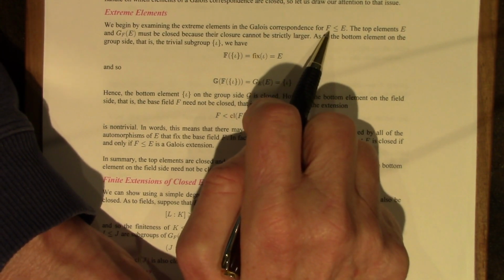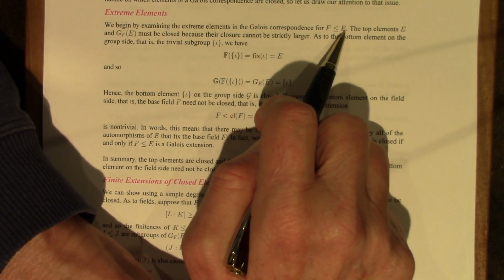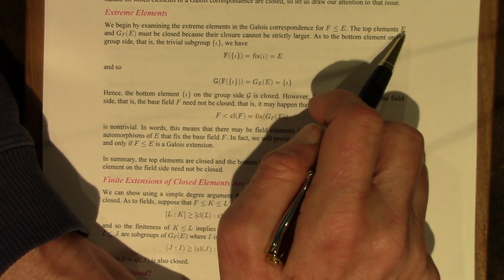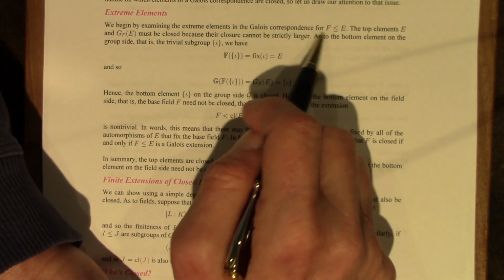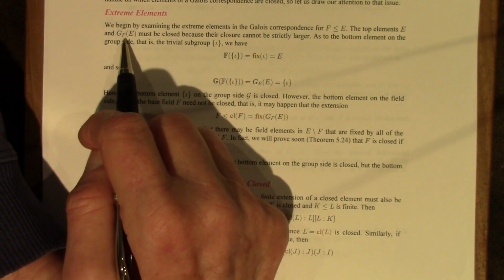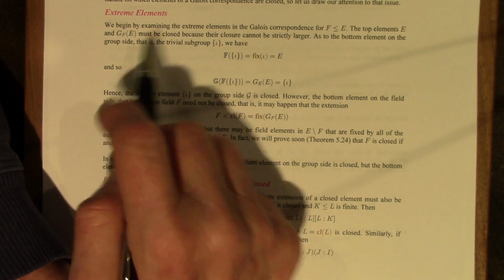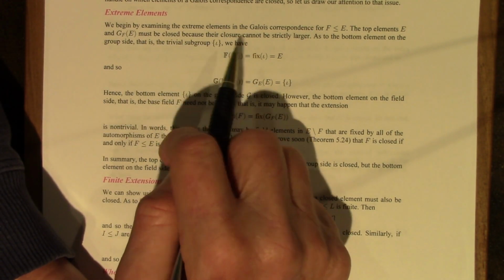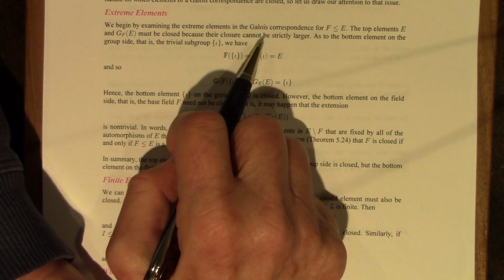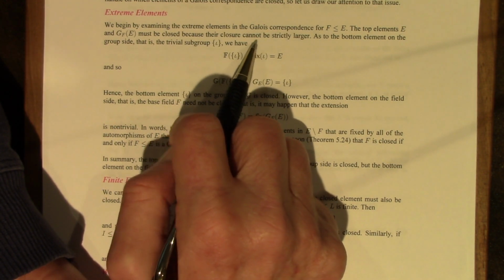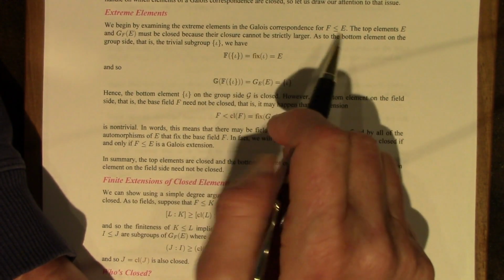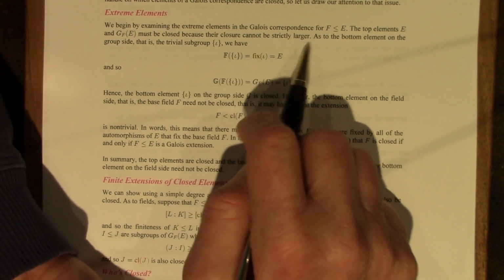So we have a field extension E over F. The top elements are E on the field side and the full Galois group G(E/F) on the group side. They must be closed because their closure cannot be strictly larger. There's no room. So that's a simple matter.